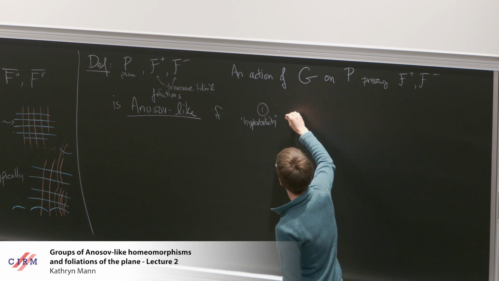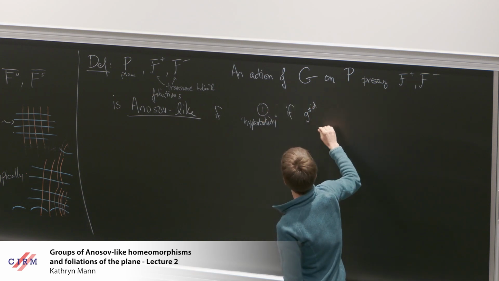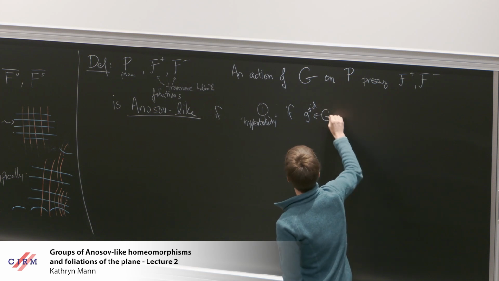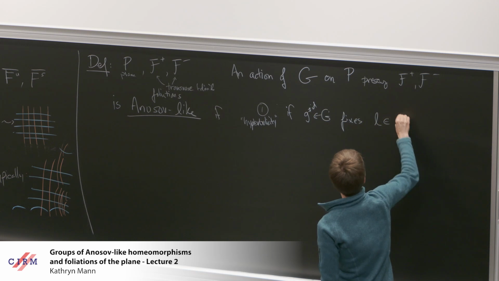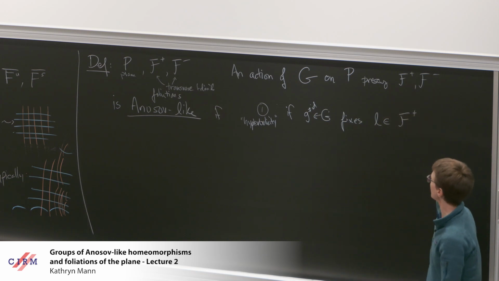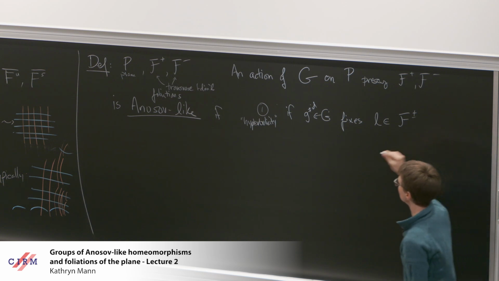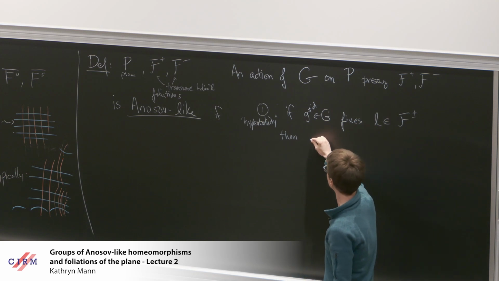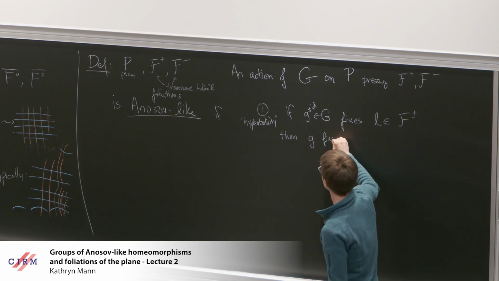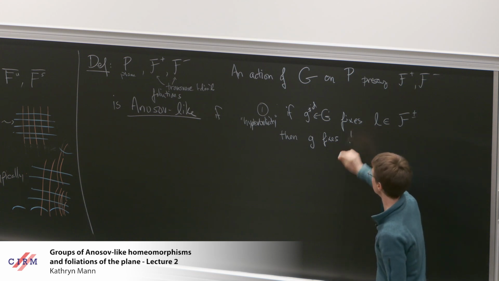So precisely, I want that if some non-trivial element g of G fixes a leaf in one of the two foliations, F plus or F minus, I'm using plus minus just because I need two symbols, then g fixes a point on this leaf. Actually, a unique point, but that'll be a consequence of what I'm about to say.